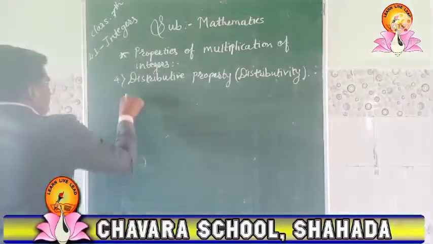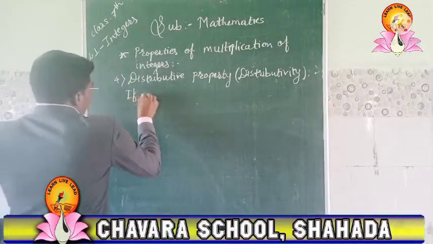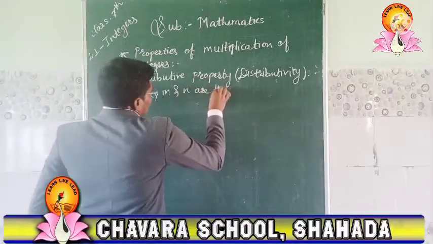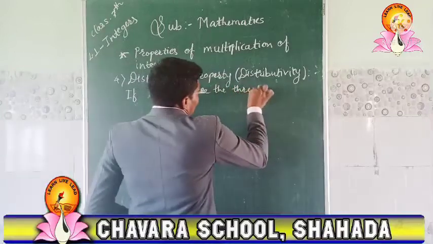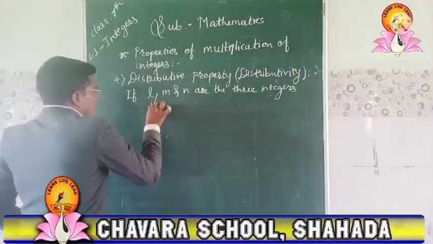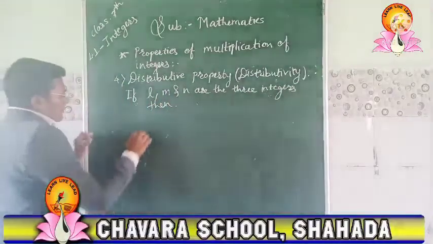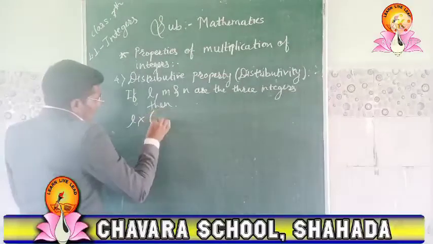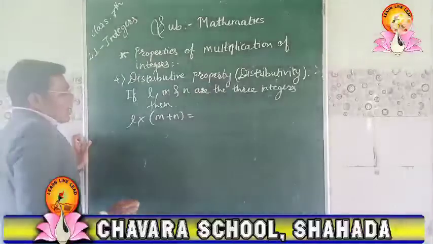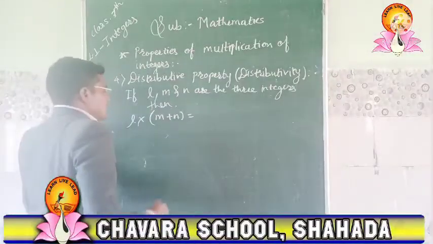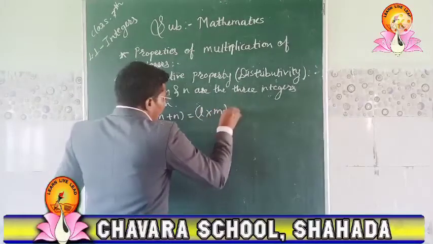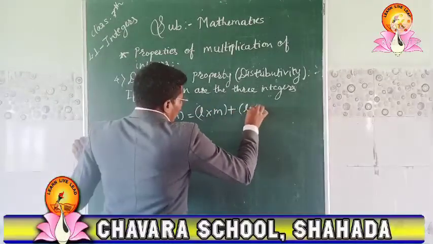So if L, M and N are integers, then the distributive property says that whenever L is multiplied to the sum of M plus N, the answer will be equal to the multiplication of L into M plus the multiplication of L into N.